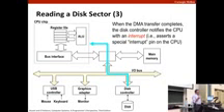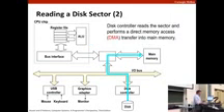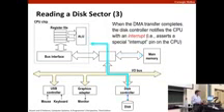Then there's some program somewhere waiting for that data to be read into memory, so now the CPU can execute that program and deal with that memory. What this mechanism allows, and the reason they do this, is because disks are just so god-awful slow.